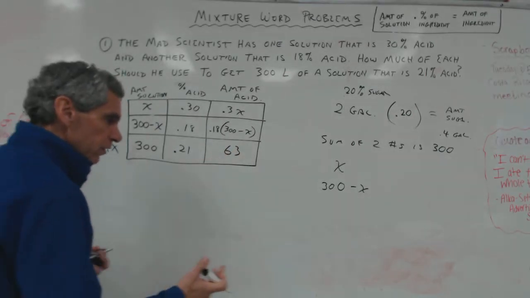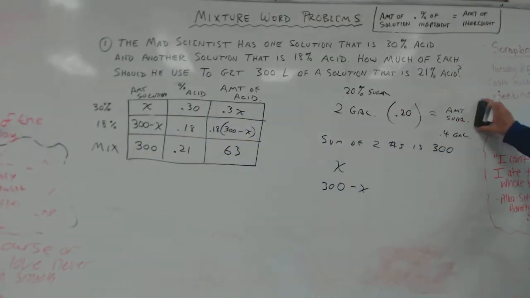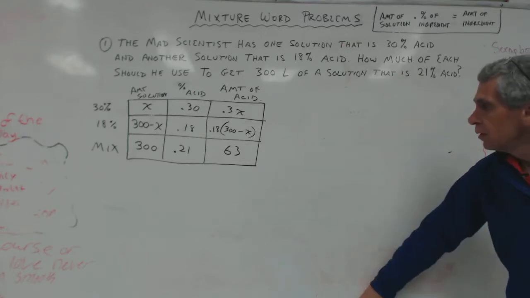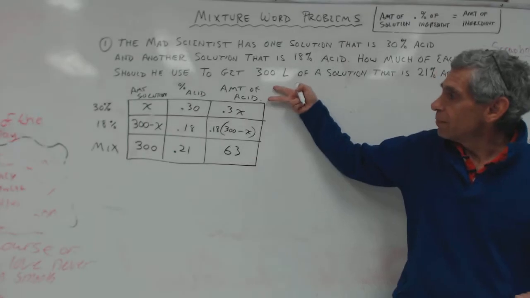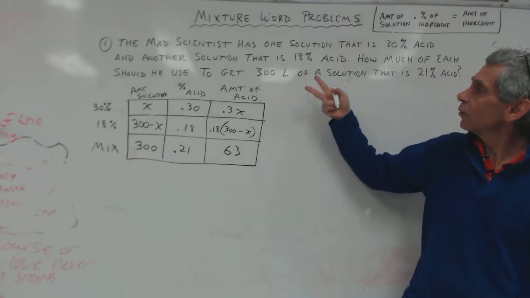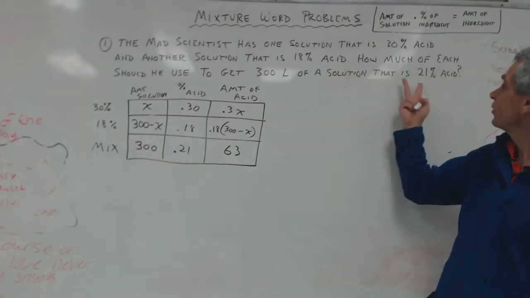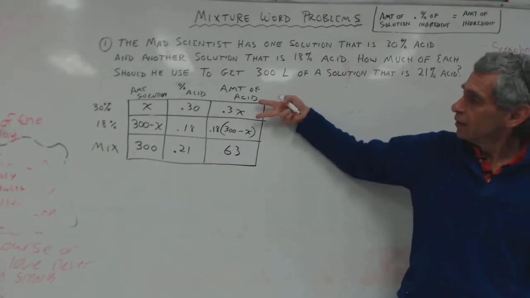Okay, so the beauty of this thing is now we know exactly what to do. We're trying to get 300 liters of something that has 21% acid.